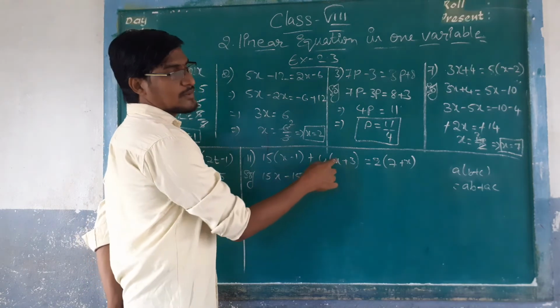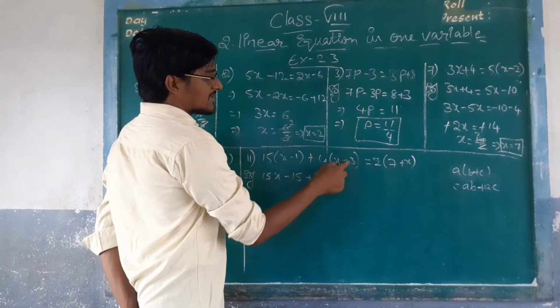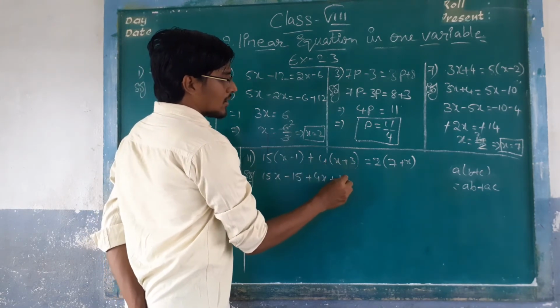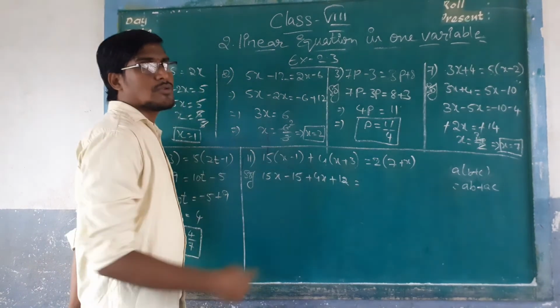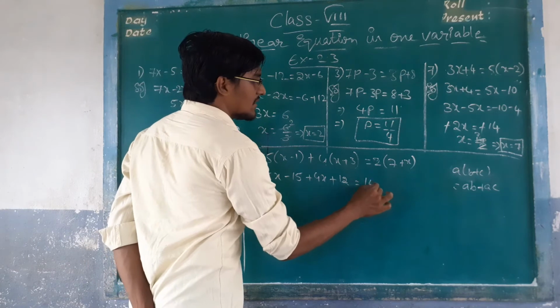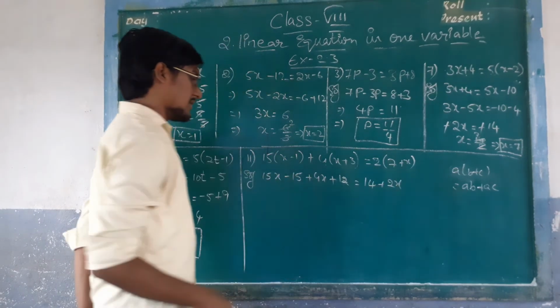Plus 4 into x, 4x, here plus 4 into plus 3, plus into plus, 4 threes are 12. Okay, this is about the left hand side. On the right hand side, 2 into 7, 2 sevens are 14, plus 2 into x, 2x.